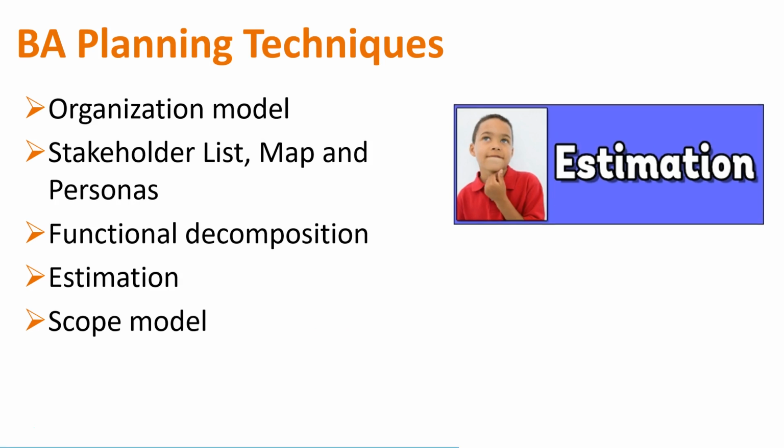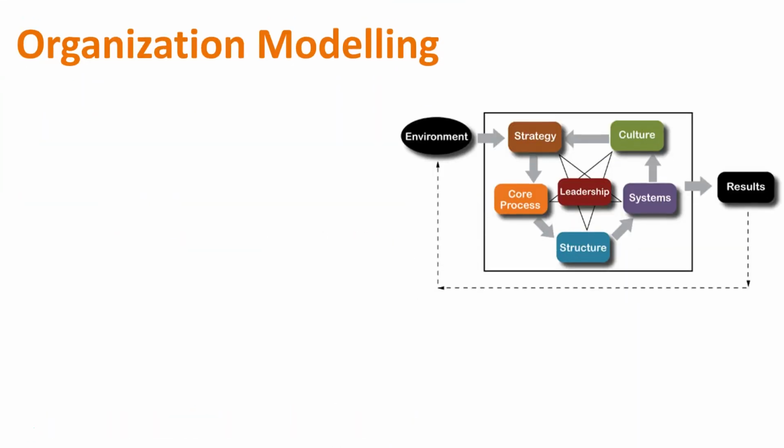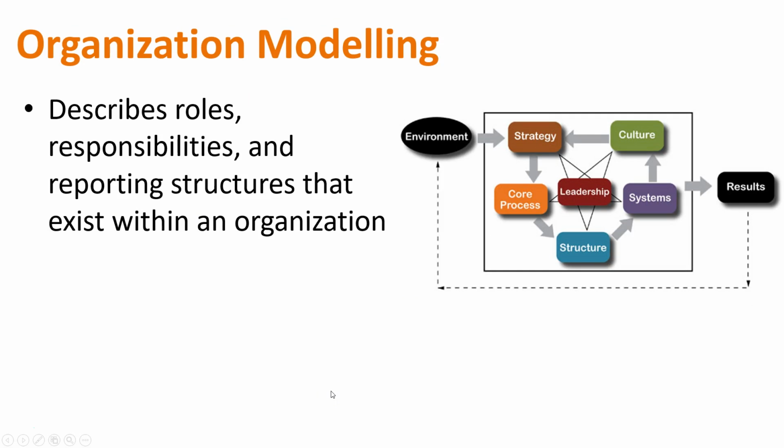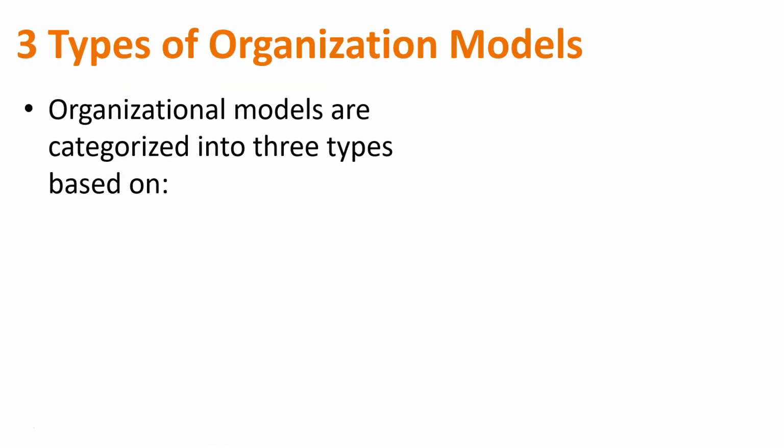Let's move first to organizational modeling. I would expect most of you are very familiar with this. This is just your org charts. It shows who reports to who, and you can kind of derive what they do in the organization because of that. But there are 3 different ways to look at organizational models. Maybe it's functional.